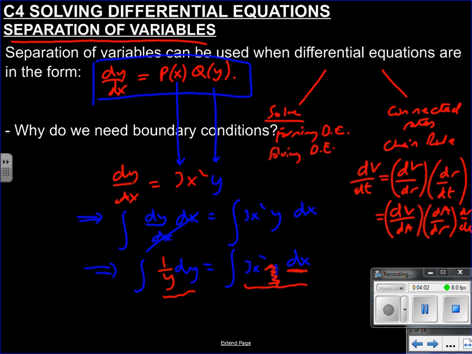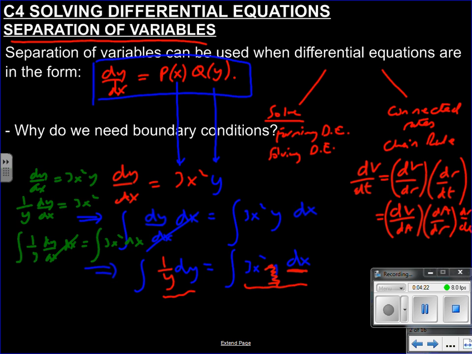So if we do that again, dy by dx is 3x squared y. I divide by y first, so that way I've got all the y's on one side and all the x's on the other side. Then I integrate both sides with respect to x, and therefore the dx's cancel, and you're left with what we had before, 1 over y dy equals 3x squared dx.